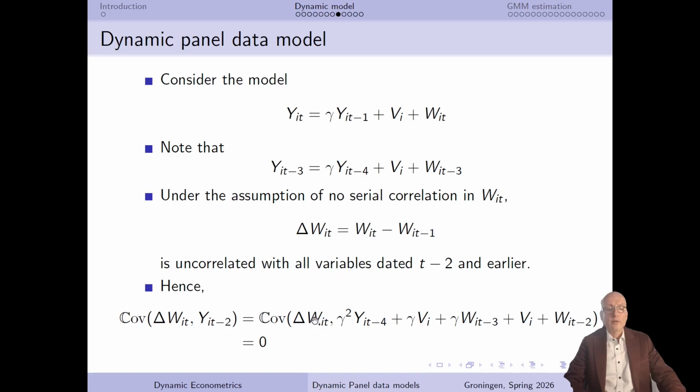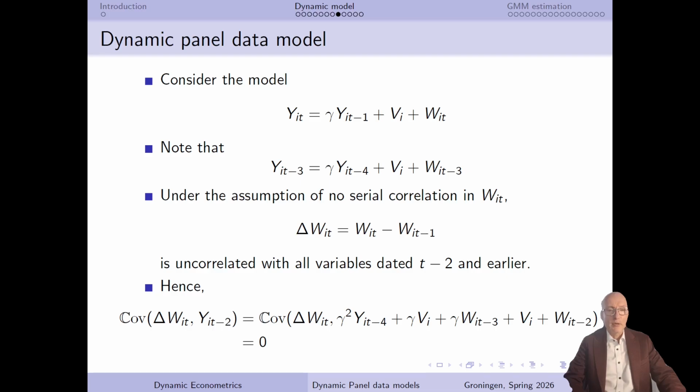So therefore delta w_{it} is going to be uncorrelated to this w_{i,t-3}. Delta w_{it} is also going to be uncorrelated to the new v_i term, for the simple reason that both w_{it} and w_{i,t-1} are uncorrelated to v_i. But as I already said, it could still be the case that delta w_{it} is correlated with y_{i,t-4}.